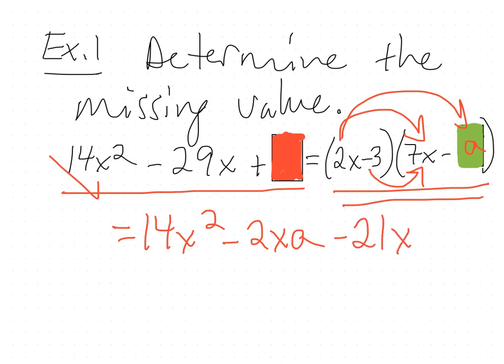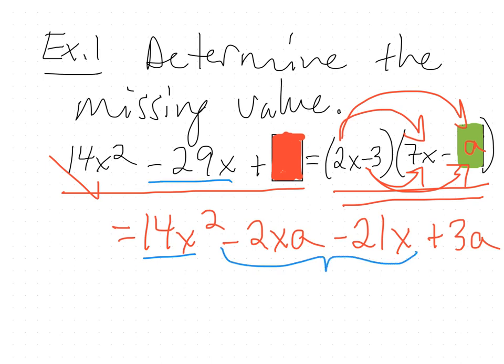And that leaves us with our final distribution. We have negative 3 times negative a, so we're going to have a positive 3a. Okay, so we expanded the brackets. We're working backwards to get the standard form. Part of it is known in the sense of the 14x squared, but the negative 2xa minus 21x is not complete.